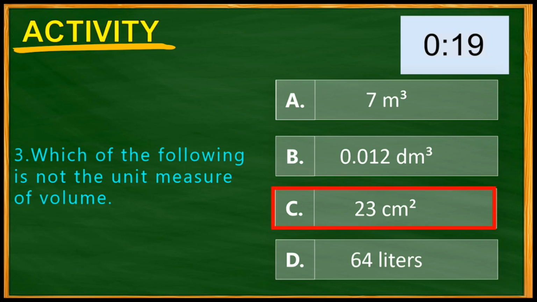Time's up. The correct answer is letter C, because this one is in cubic form. This one also is in cubic form, and 6 liters can be converted into cubic, but letter C is in the form of square centimeter, so this would be area.